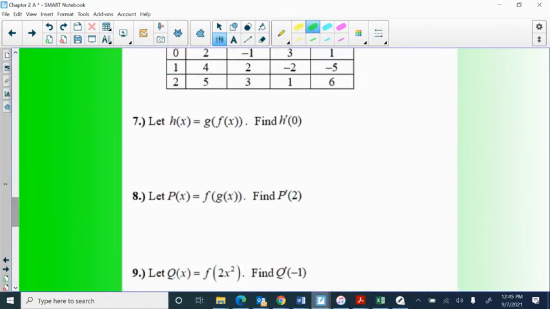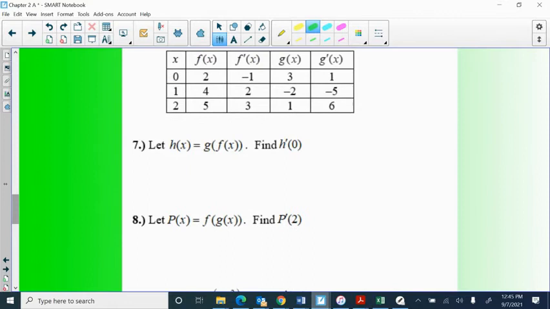So do chain rule. If I want to find h prime of x, that means I do g prime of f of x, and then multiply by f prime of x. So don't do the derivative too soon. Leave the f function alone. And then just use the table. Right?